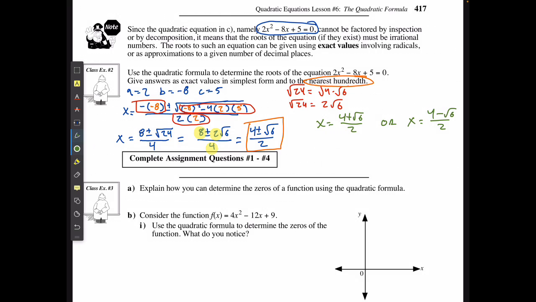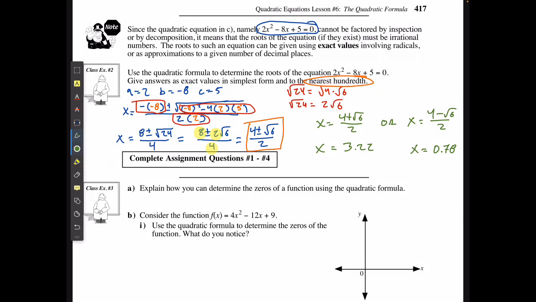If I do it to the nearest hundredth, 4 plus root 6 over 2 is going to be 3.22. If I do it to the nearest hundredth for the other one, 4 minus root 6 over 2 is going to be 0.78.